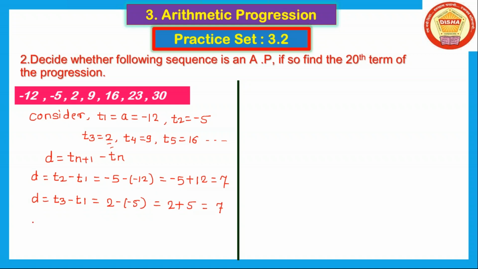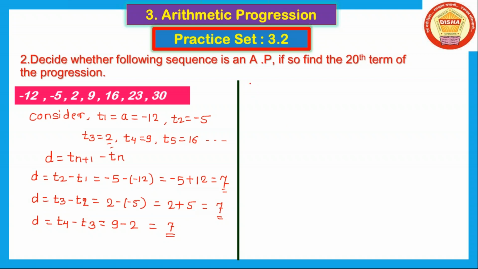Then we find one more difference, that is T4 minus T3. What is T4? T4 is 9 minus T3 which is 2. 9 minus 2 is equal to 7. See here, the difference is common.